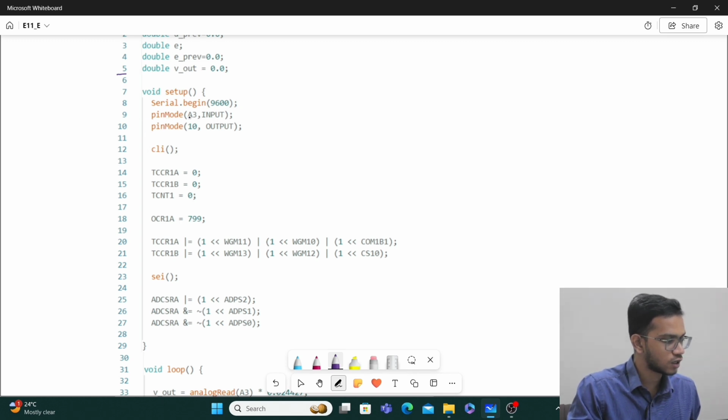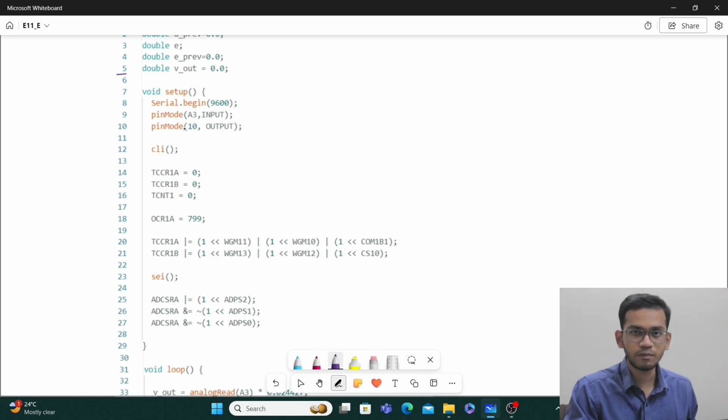Here, pinMode A3, INPUT tells the Arduino that pin A3, of the analog pins named A0, A1, A2, etc., is my input pin, so I have to connect my voltage sensor module's output positive to A3 and negative to ground.